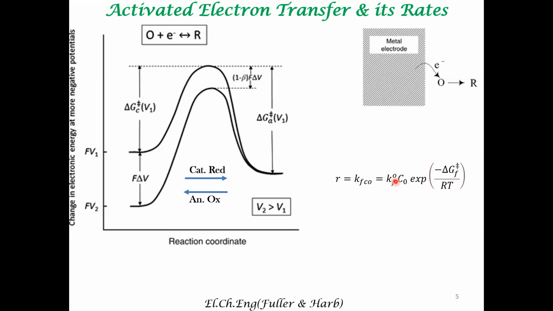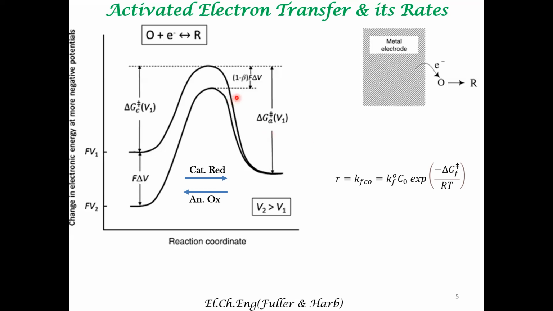You will see that the activity of electrons is convoluted into this term. So the rate of forward reaction is a product of concentration times this proportionality factor, and it is also modulated by the activation barrier for the forward reaction.